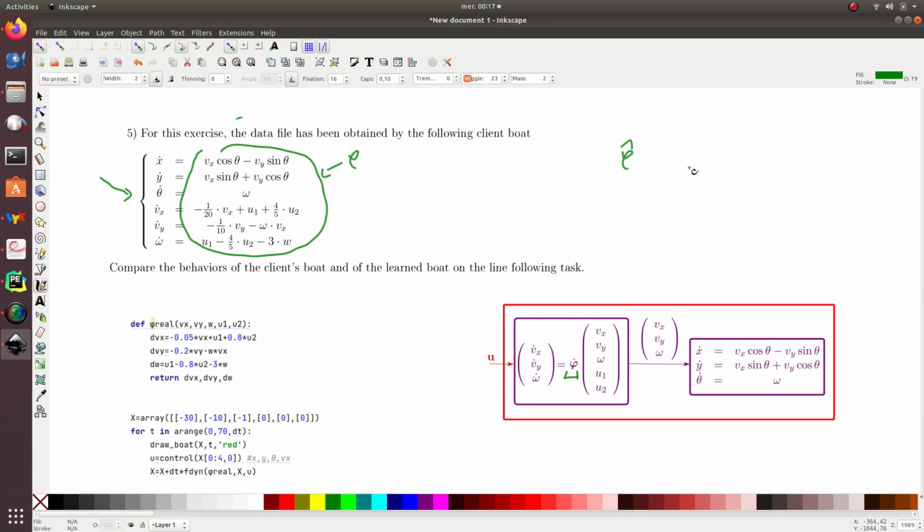So the Python program I propose is I replace phi hat by the real phi, this one. We see that in this model, for instance, the actuator 1, the propeller 1, is more efficient than the second one. I can see here how the friction has been generated.